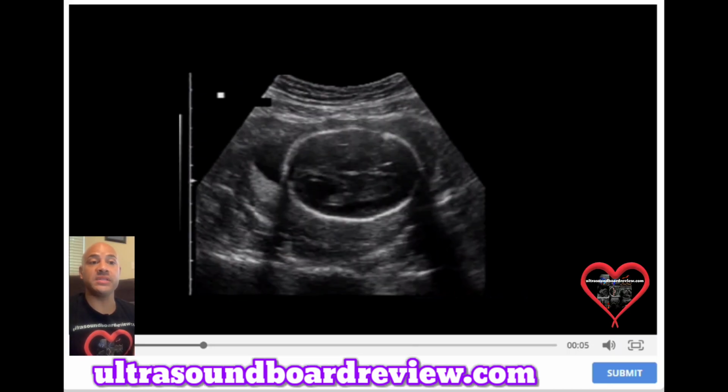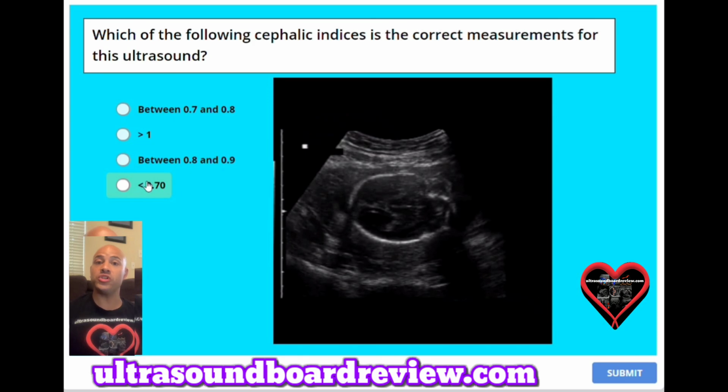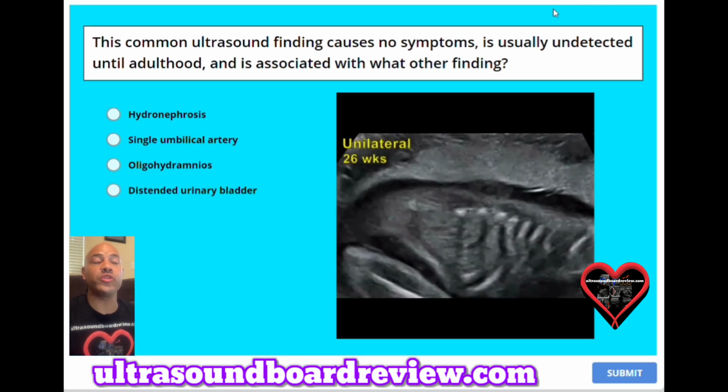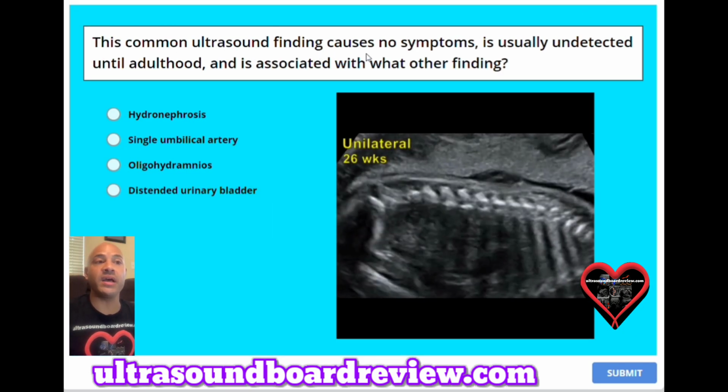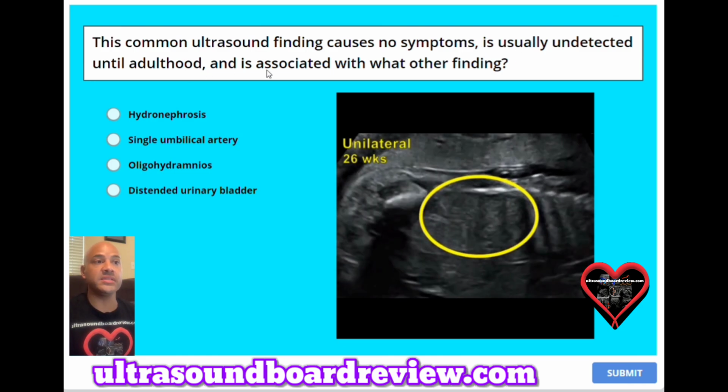So this ultrasound represents dolichocephaly, meaning that the skull is longer than expected, and your cephalic index will measure less than 0.70.